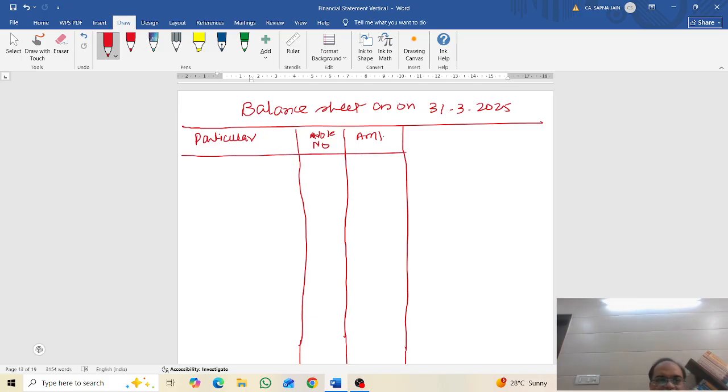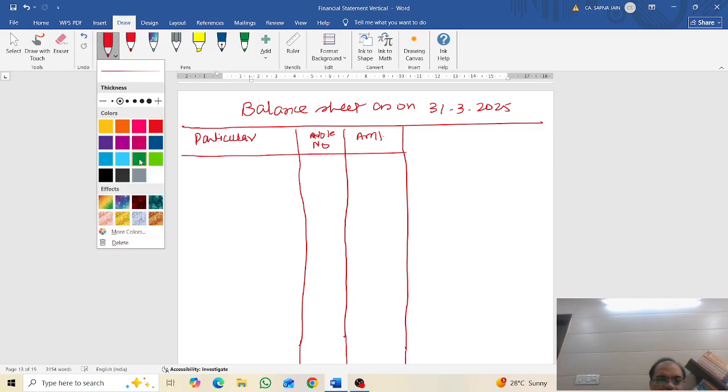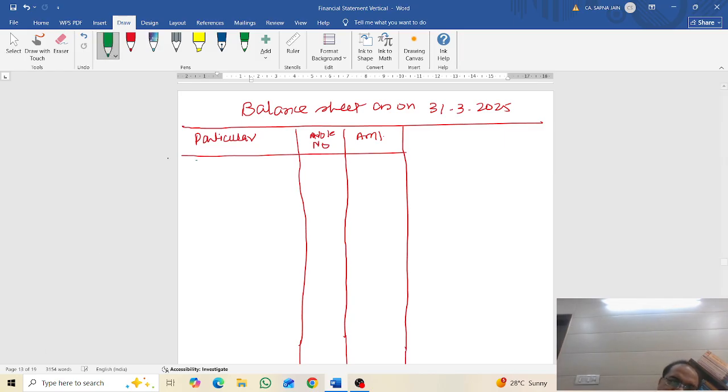Now the first heading under the balance sheet is equity and liability. Under equity and liability, the heading is shareholder fund.